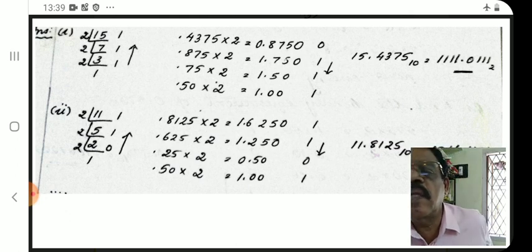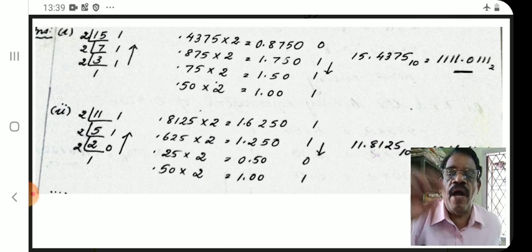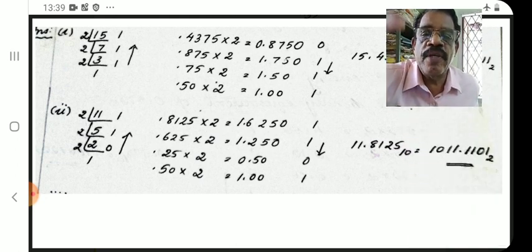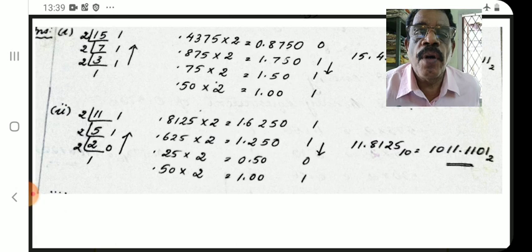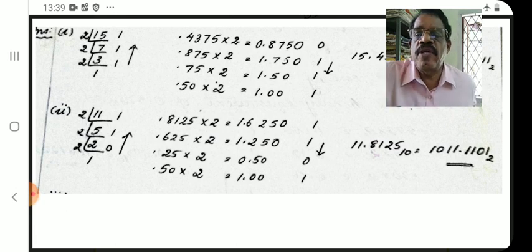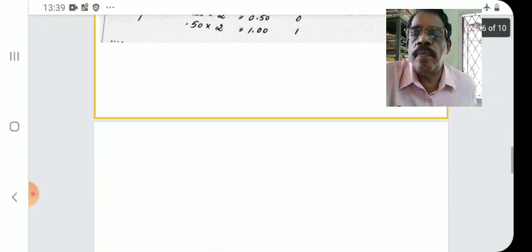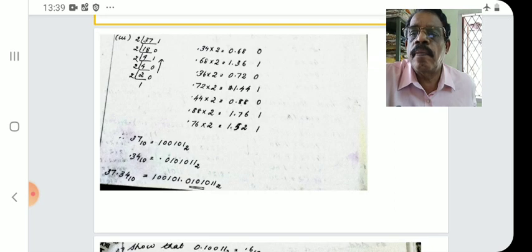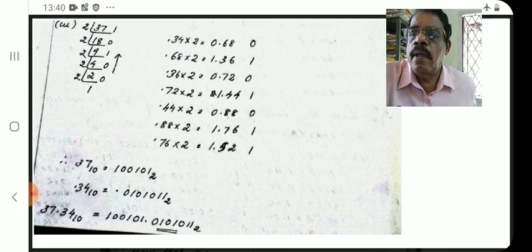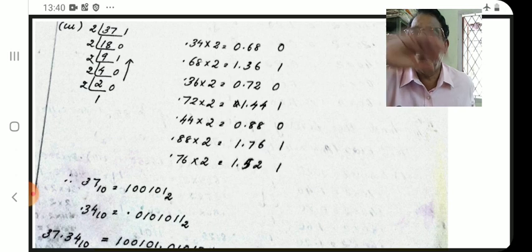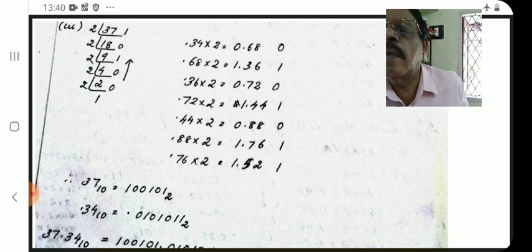Similarly, next question, 11.8125. 11.8125 is equal to 1011.1101 to the base 2. Next problem, 37.34.